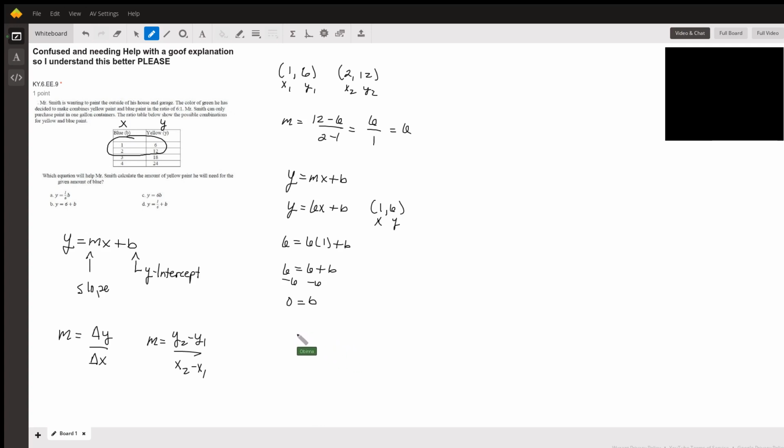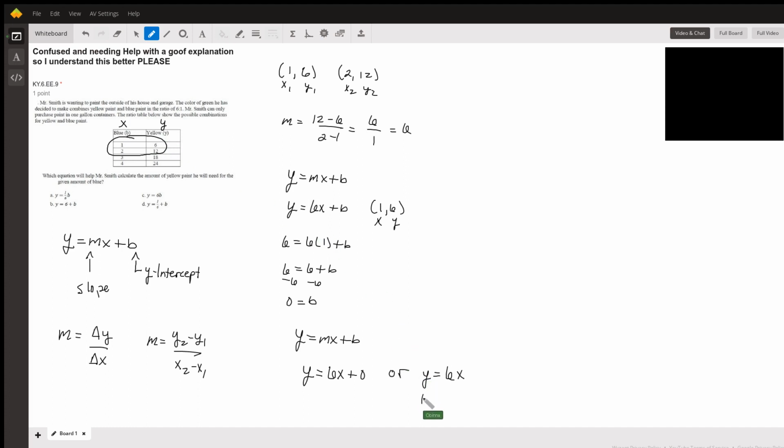So therefore, my equation y equals mx plus b for this particular problem is y equals 6x, with m being 6 and b being 0. Got it. Well, in this case, my x variable is blue and my y variable is yellow.